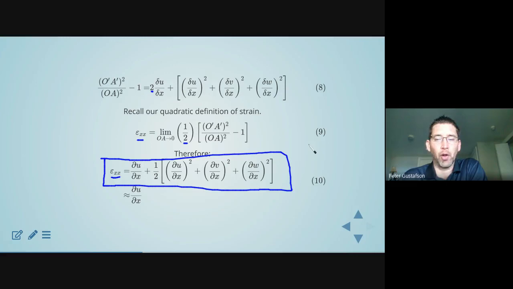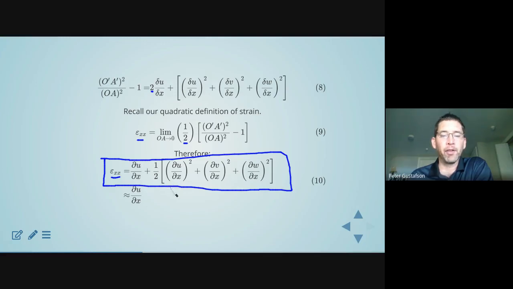Now, you might say, well, how does that relate to the old expression that you told me when I was a sophomore or maybe a freshman? Well, it turns out that we didn't lie to you previously. We actually gave you the same expression. We just simplified it a little bit. Previously, we said it was du/dx, change in length over length. We didn't give you these other terms, (du/dx) squared plus (dv/dx) squared plus (dw/dx) squared.